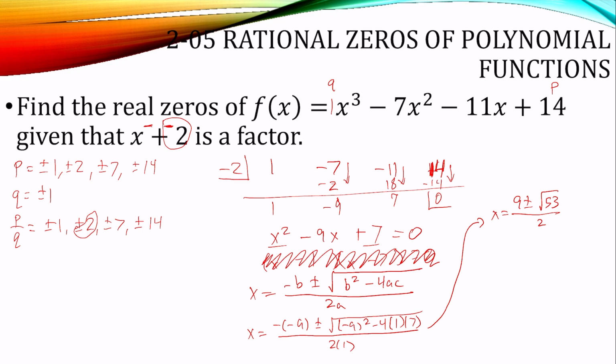We can't simplify the square root of 53, so this is our answer. So our zeros are negative 2 and 9 plus the square root of 53 over 2 and 9 minus the square root of 53 over 2.